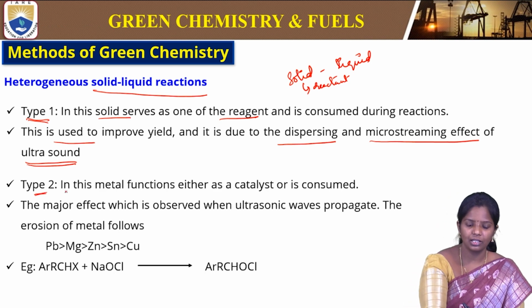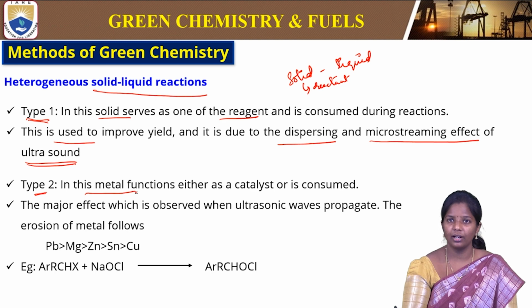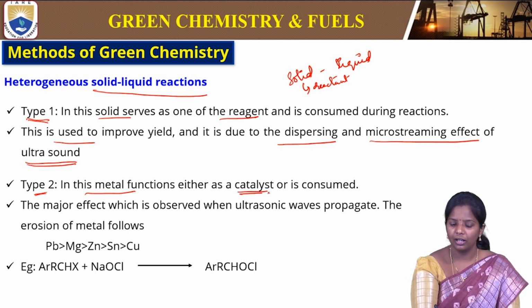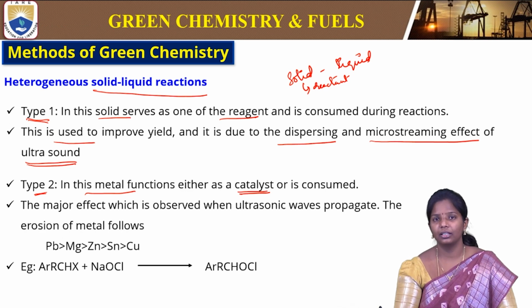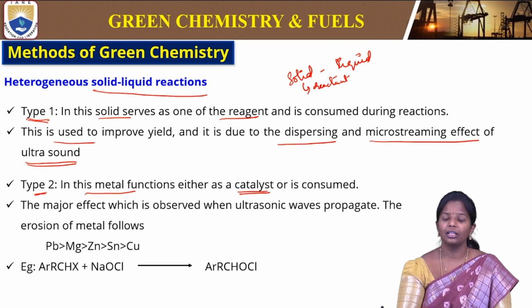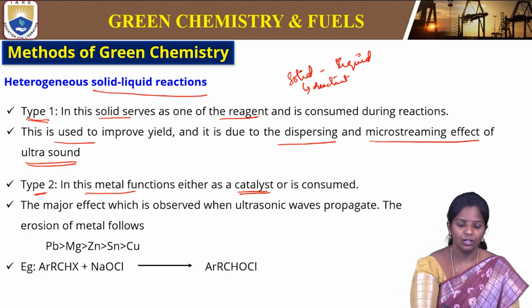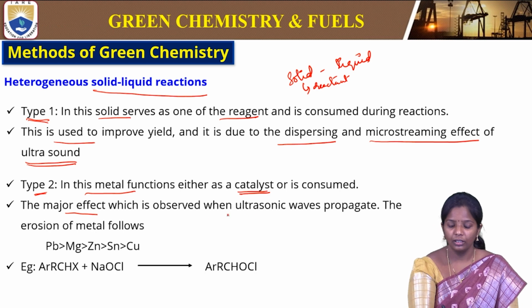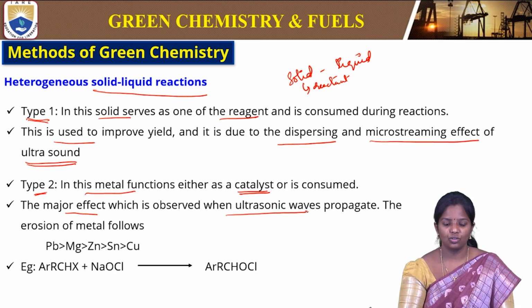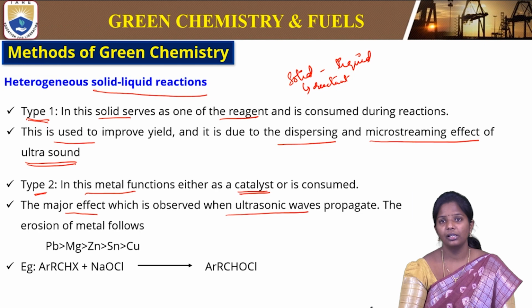In the other type, metal. Here, the metal functions either as a catalyst or is consumed. When it is acting as a catalyst, it will just increase the rate of reaction, favoring the formation of products. The major effect observed when ultrasonic waves propagate is the formation of products using the metal as a catalyst, or the metal can be used as a reactant.